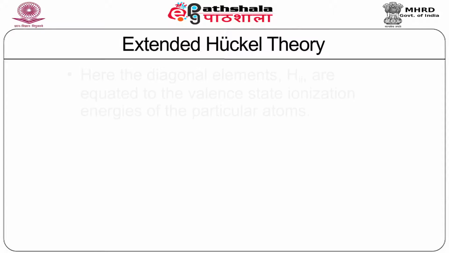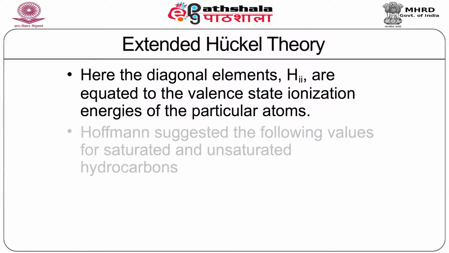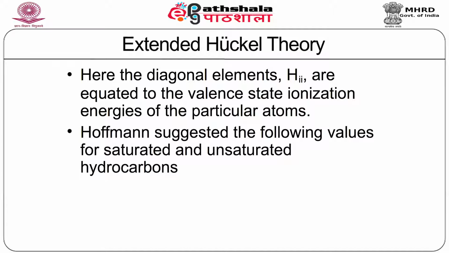The extended Huckel theory parameters. Here, the diagonal elements Hii are equated to the valence state ionization energies of the particular atoms. Hoffmann suggested the following values for saturated and unsaturated hydrocarbons.